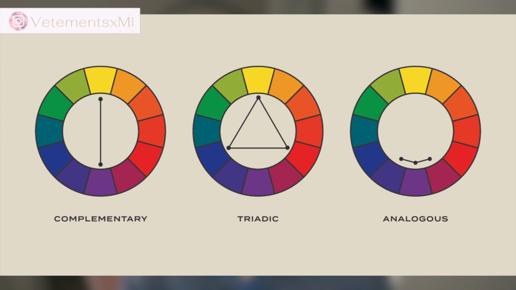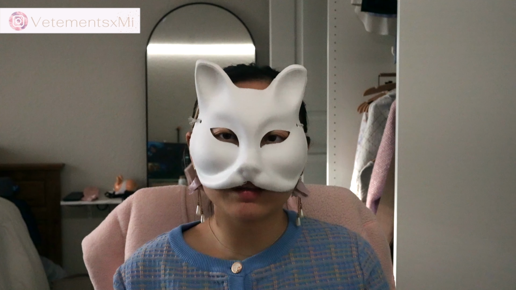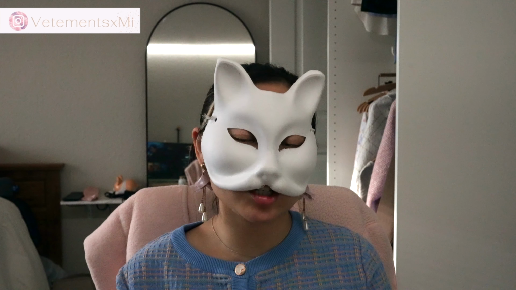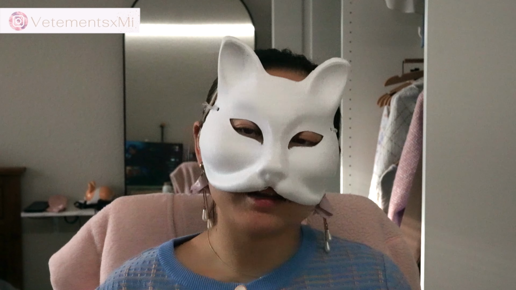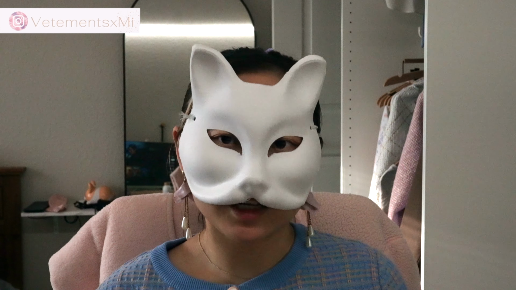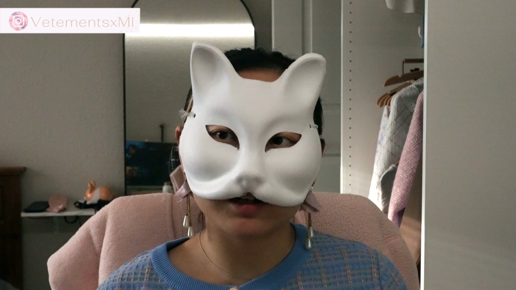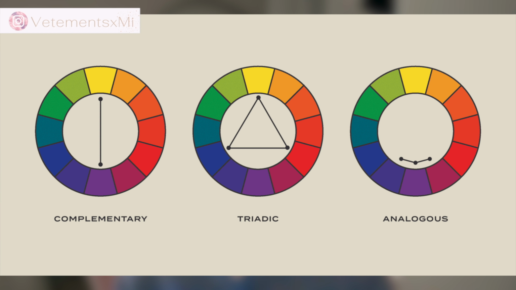So complementary colors are colors that are directly opposite of each other on the color wheel. Specifically, there are 3 main complementary combinations because there are 3 primary colors, red, yellow, and blue, which make up secondary colors, which are orange, green, and purple. And then you also have tertiary colors, which are colors in between that on the color wheel, like blue-green, for example.